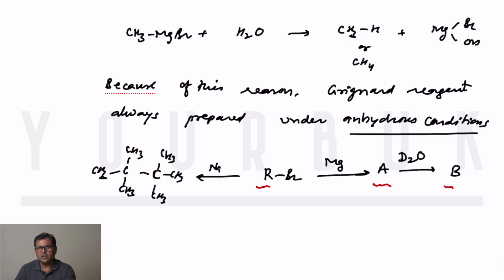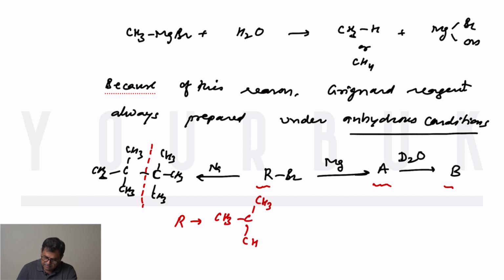Now since RBr is giving this hydrocarbon on reaction with sodium, which is a symmetrical compound, you divide this exactly into two parts, and it gives the structure of R. So my R is this, a tertiary butyl group.